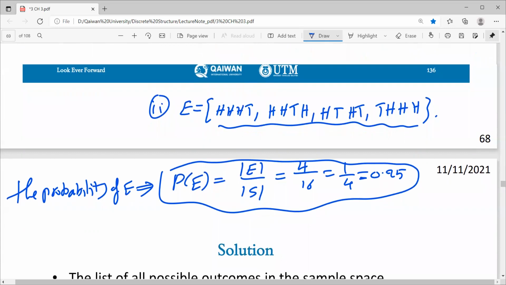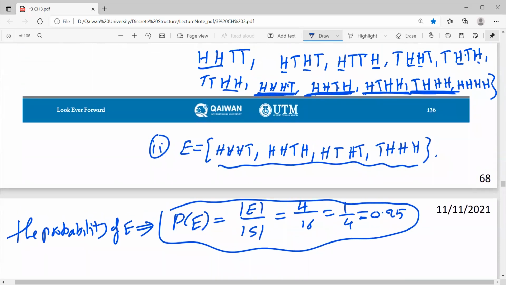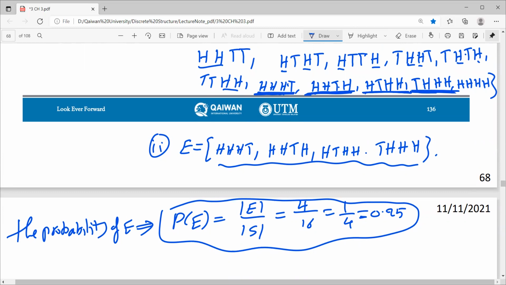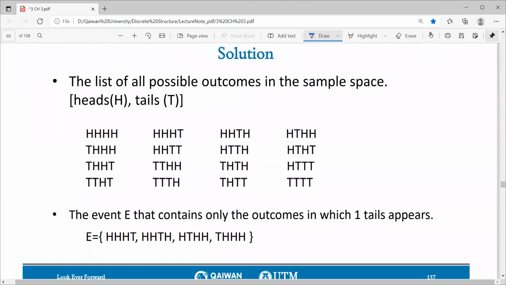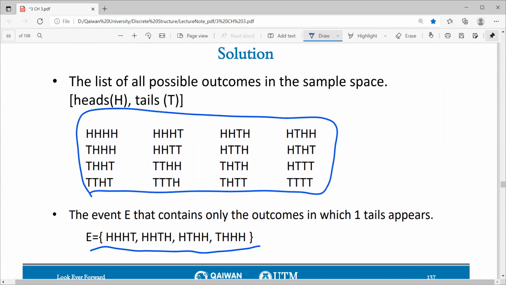Here we have head, tail, head. This is the result. This is the solution. It's only asking about this. And this one is the sample space. This is S.